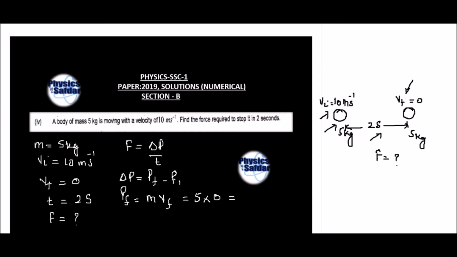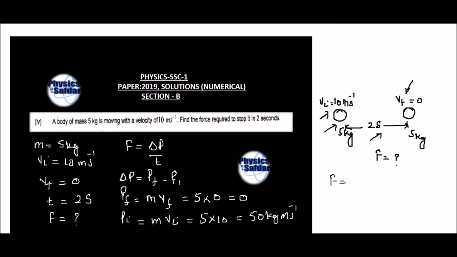So final momentum we get 0. Initial momentum, that is Pi, again mass into initial velocity. The mass is 5 and the initial velocity was 10. After the simplification we get 50 with unit kilogram meter per second.